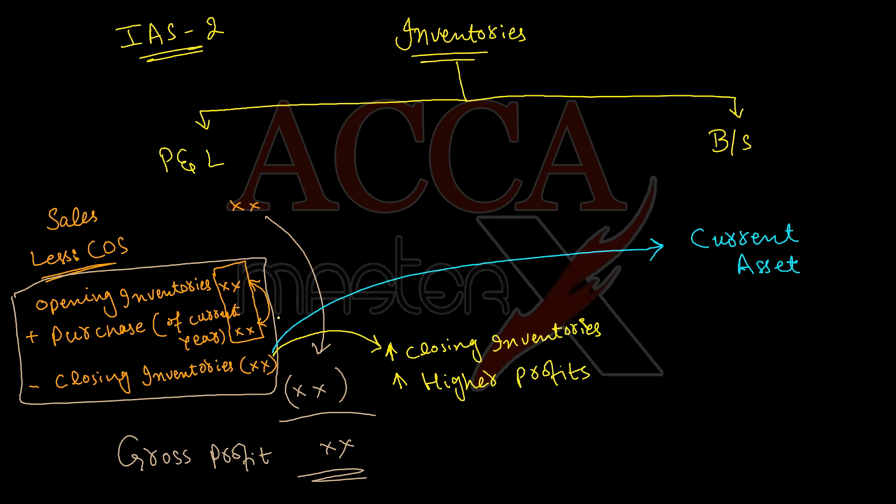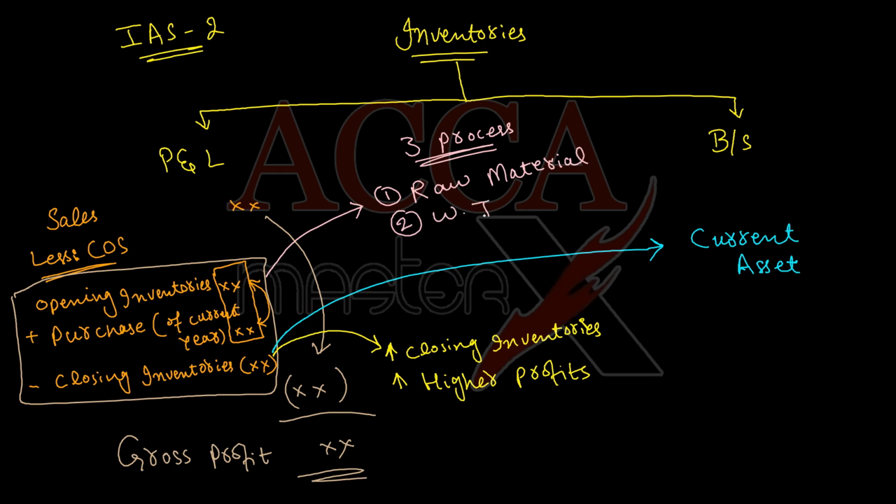So basically these inventories are usually held by manufacturing companies. There can be three processes. For example, first of all, the company has purchased raw material, and then the company uses some of this raw material and starts processing it into finished goods, which is known as work in process, right?